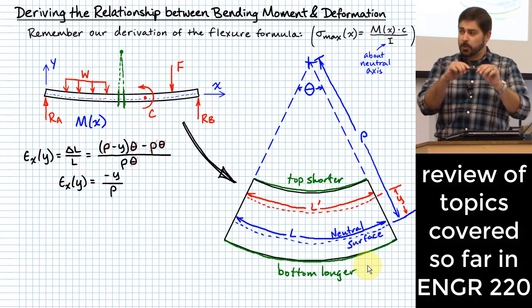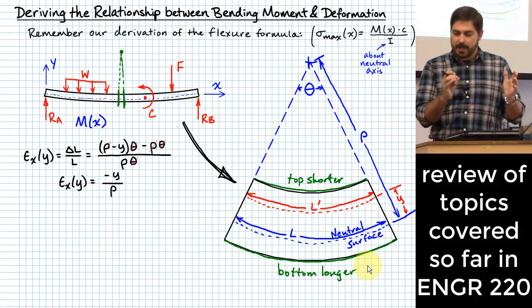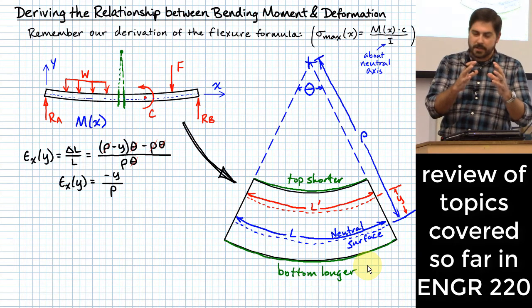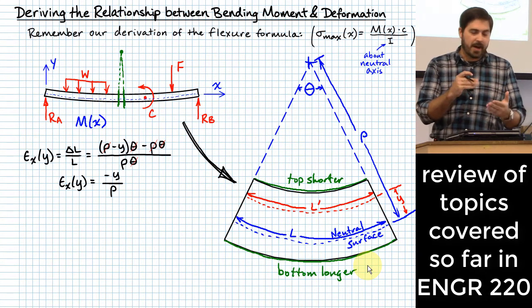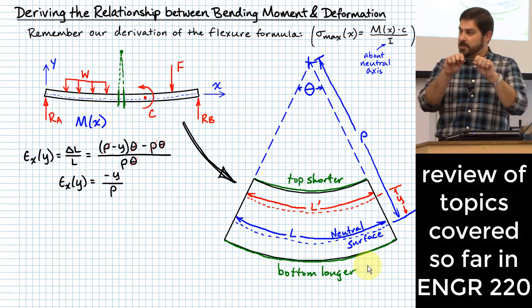And after we covered that for frames and machines, it took us a little bit of effort to be able to define how much stress was going to be felt in a member that was experiencing flexure.